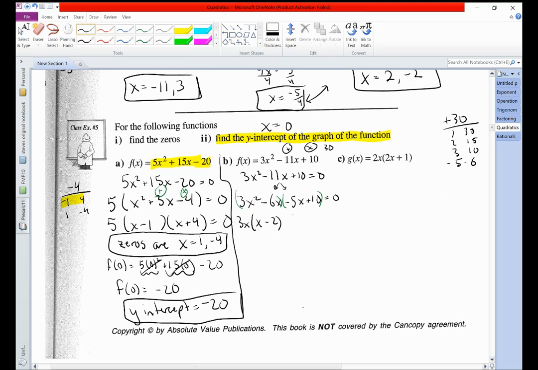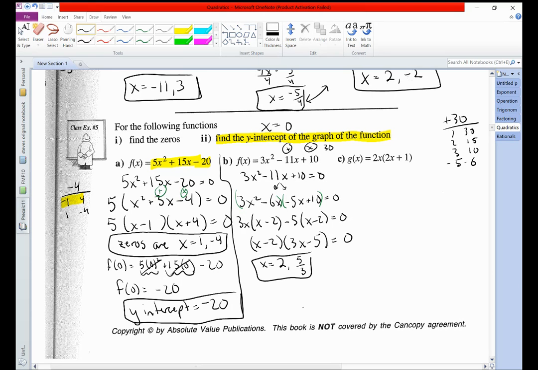And in the second one, I can pull out a negative 5, and I have x minus 2. And then if I factor that out, I have x minus 2 and 3x minus 5 is equal to 0. So now my roots are going to be positive 2 and positive 5 over 3.